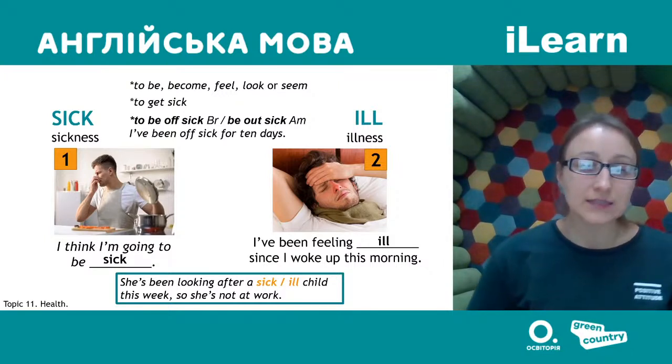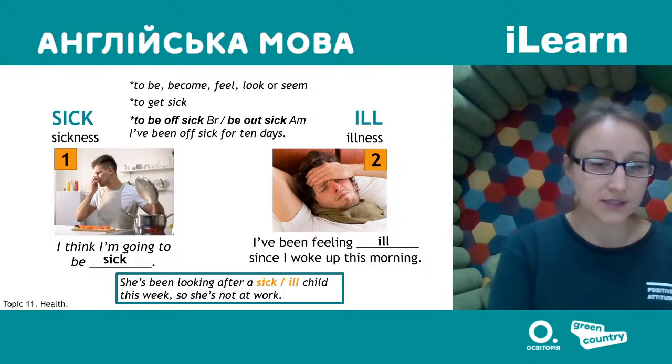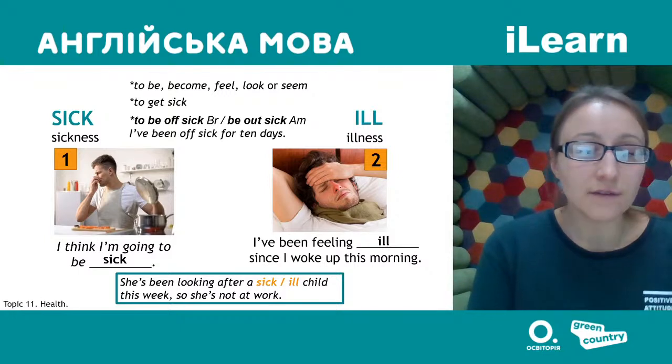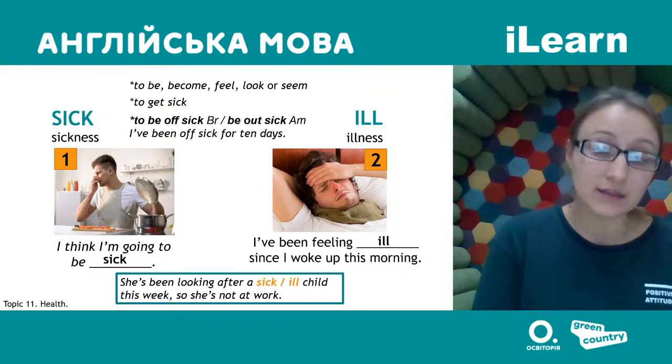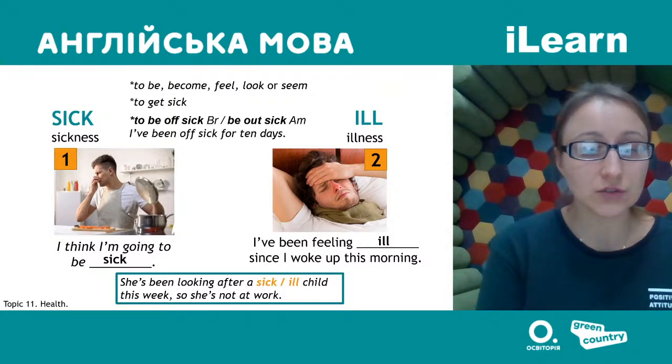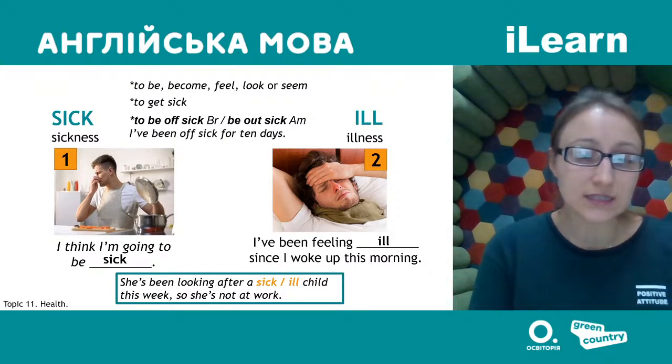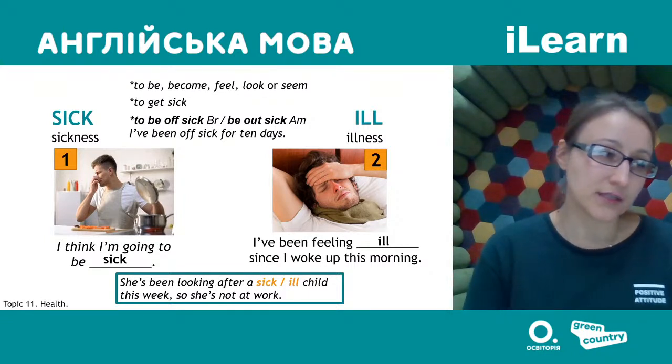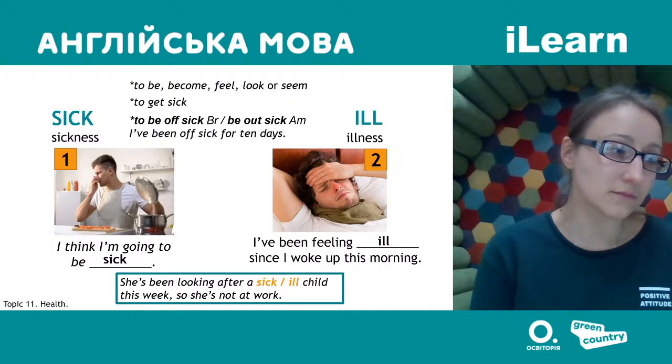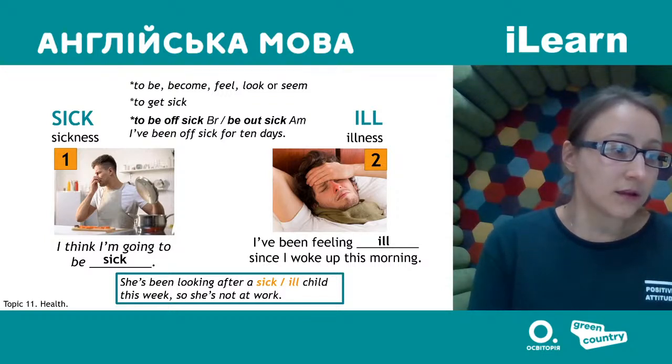So let's look at this sentence and let's say which variant is correct. She's been looking after a sick or ill child this week, so she is not at work. So what is correct? Sick or ill in this sentence? What do you think? Sick or ill?